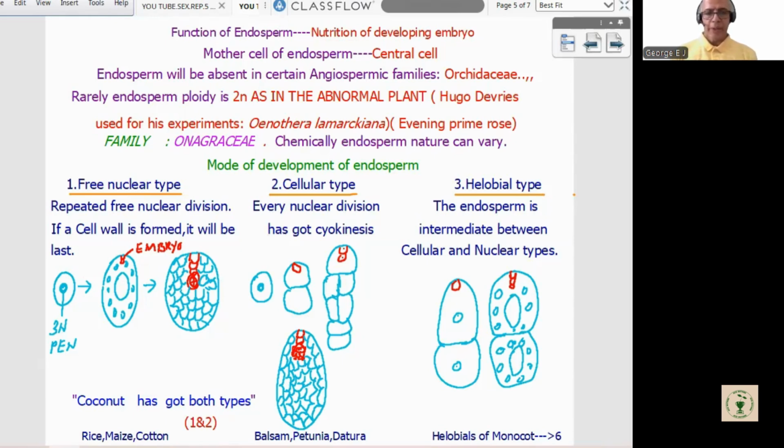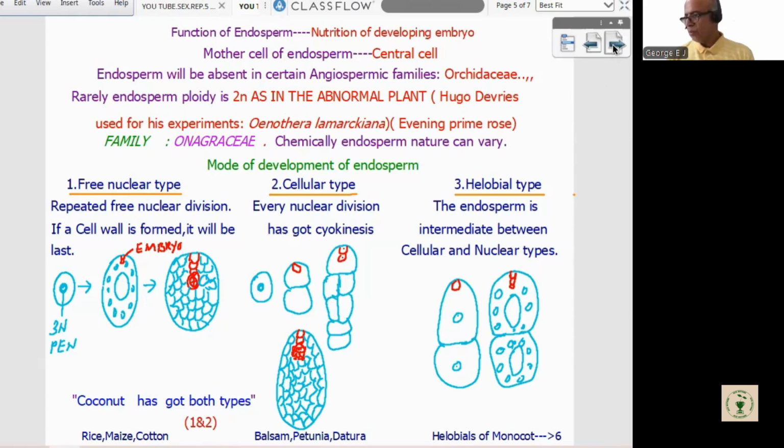And one interesting fact: coconut has got free nuclear type and cellular type of endosperm development, since it contains a liquid, watery part and a semi-solid part. So both free nuclear and cellular type can be seen in coconut. An exception. I think that part is clear.